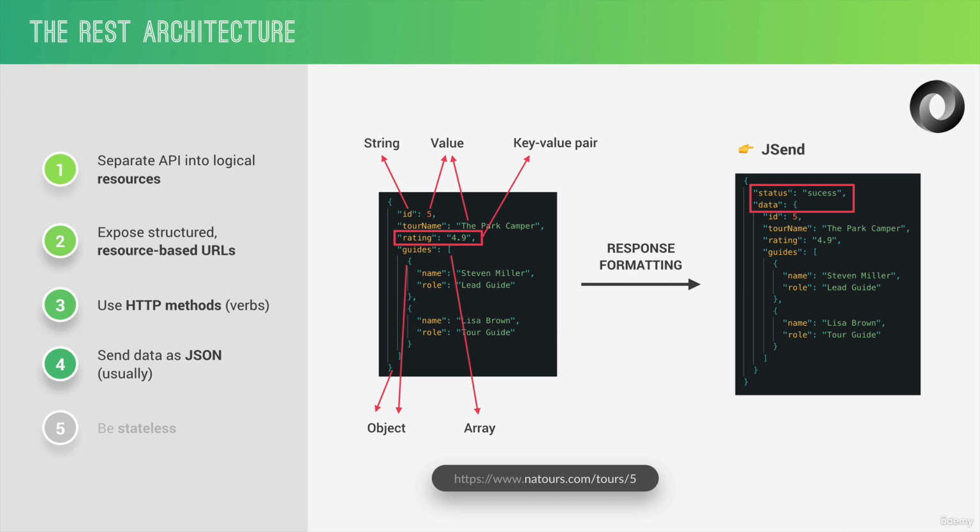Okay? And we can develop this even a bit further, but this is really the simplest way of formatting with JSend. And just by the way, wrapping the data into an additional object like we did here is called enveloping, and it's a common practice to mitigate some security issues and other problems. Also, there are other standards for response formatting that you can look into, like JSON:API or the OData JSON protocol.